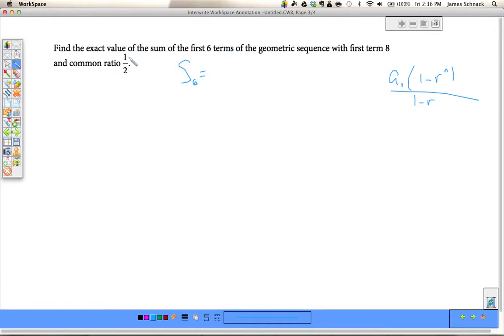So the first term is 8. 1 minus r to the n, so 1 minus 1/2 to the 8th over 1 minus 1/2. This is where we often turn to our calculator. And I put an 8 here instead of a 6. It's the first 6 terms.